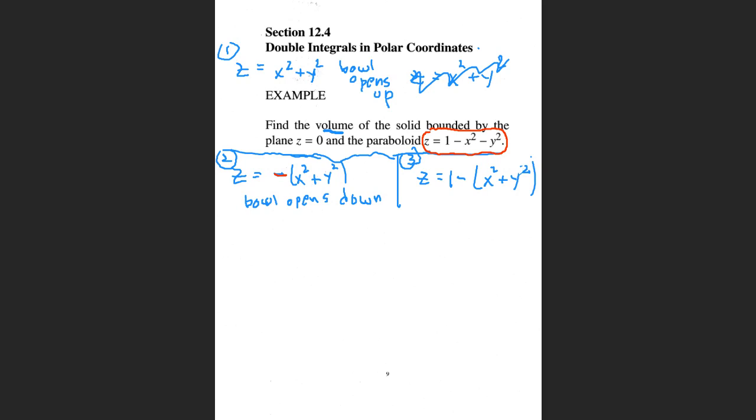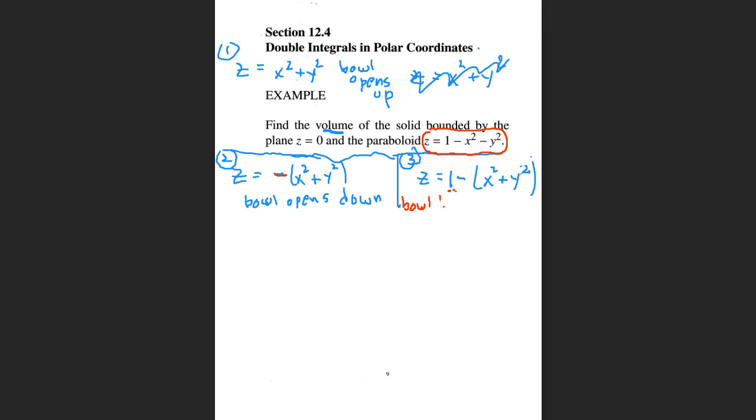So it looks like we have a bowl that's opening downward, but what's the effect of the 1 there? What does the 1 do to the bowl? Does it raise the bowl or lower the bowl?